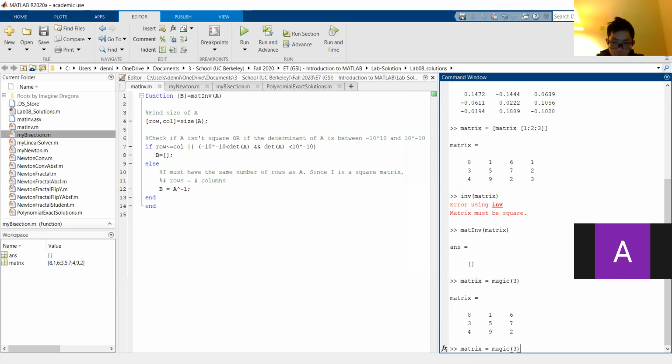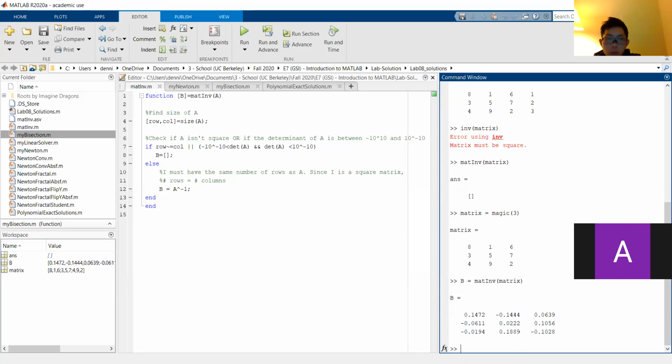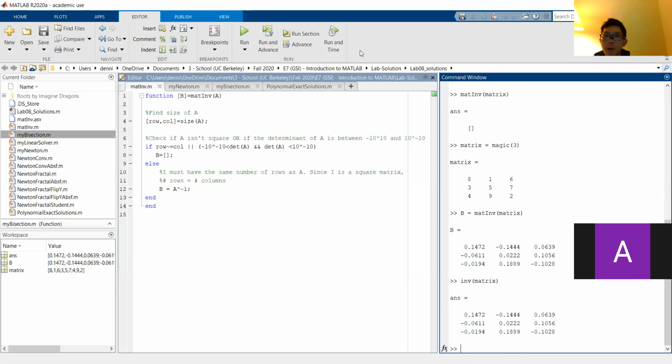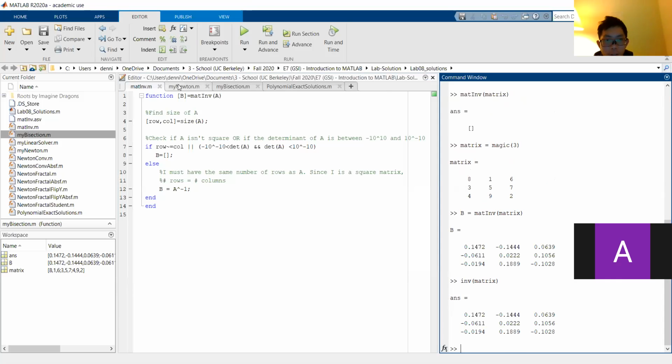So this should work. Let's do B equals mat inverse of matrix. Let's check to make sure that's the right thing. Inverse of matrix. Same thing? Same thing. Perfect. Okay. Any lingering questions before we move on to the next one?